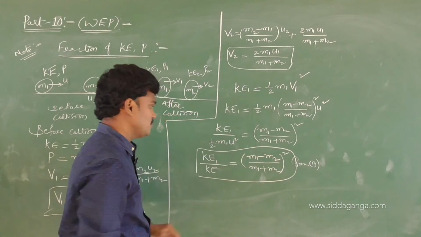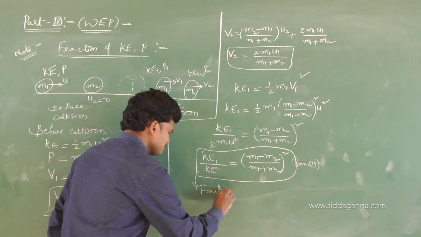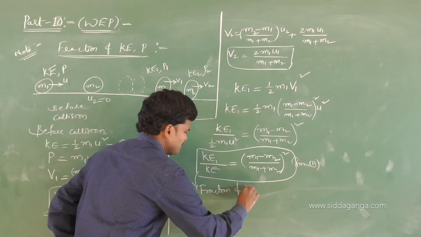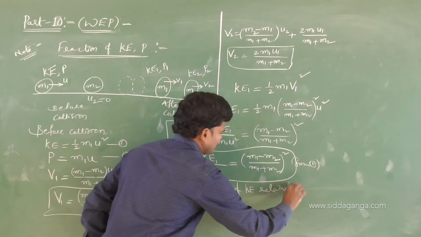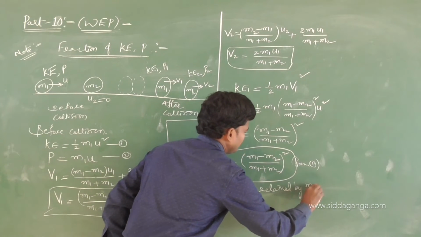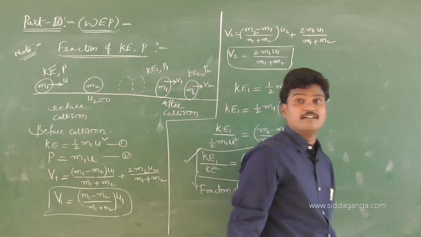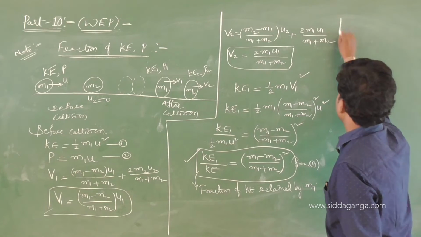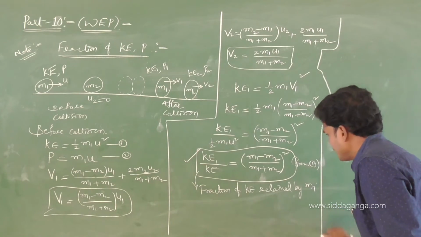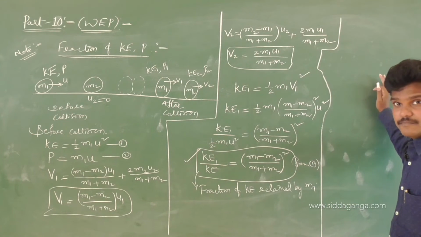This ratio we can call the fraction of kinetic energy retained by m1.